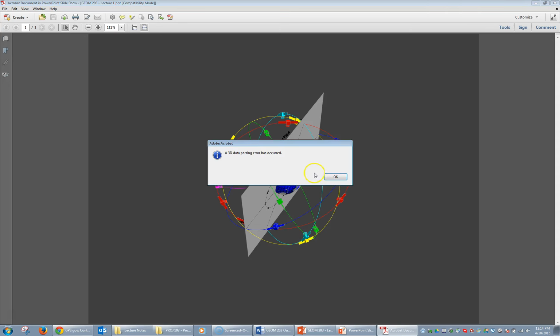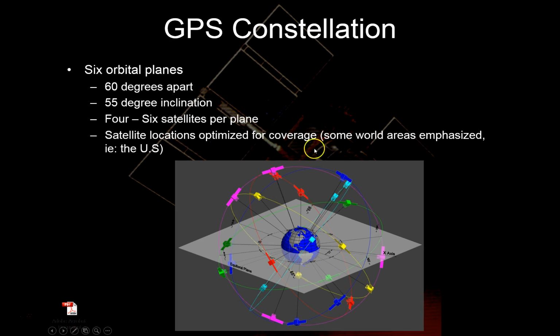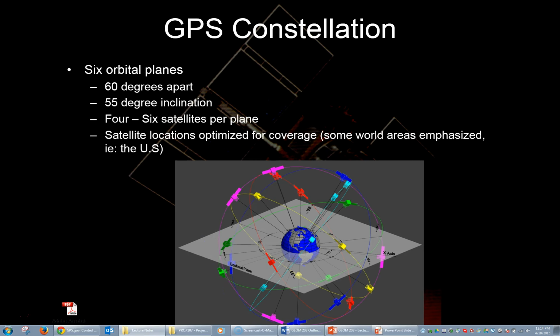So if you're looking at this 3D model, sometimes when PowerPoint updates or things like that, it doesn't necessarily like some of the previous embeddings. So I'll make sure that I put this document on the course website as well.